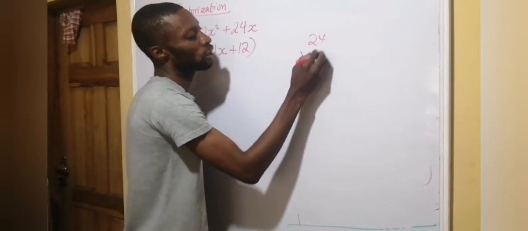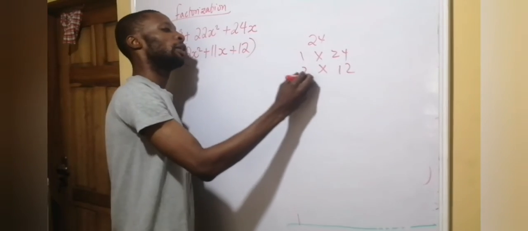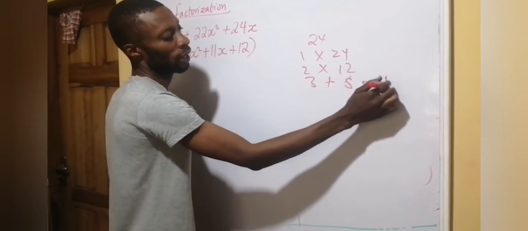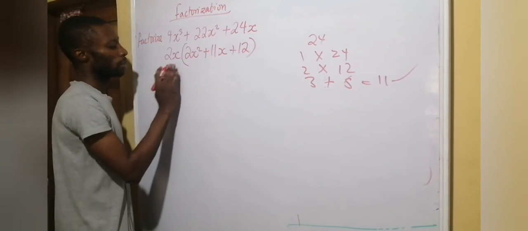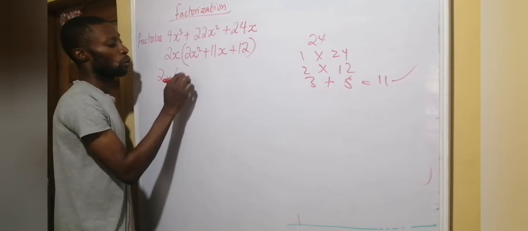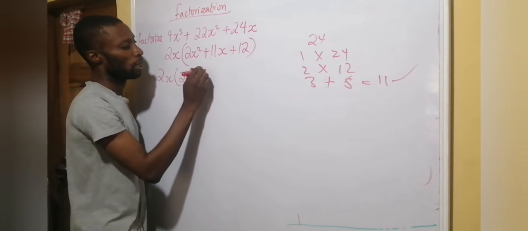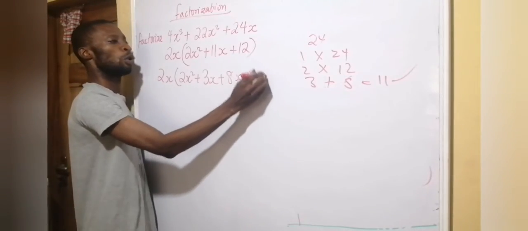We have 1 times 24, 2 times 12, 3 times 8. 3 plus 8 is 11. We take this. So we have 2x squared plus 3x plus 8x plus 12.